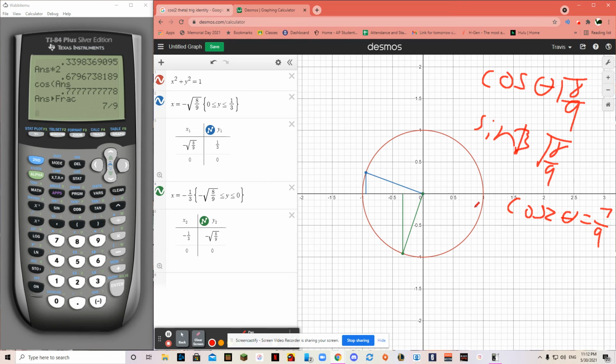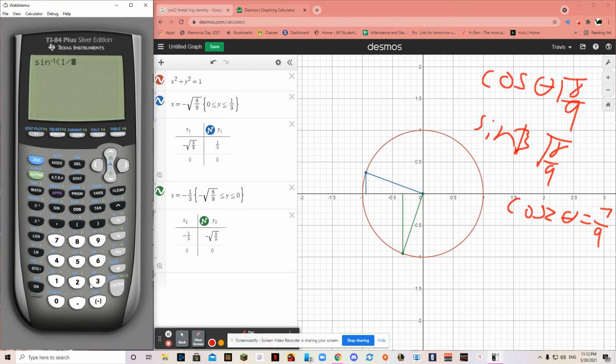We have one more, cosine theta plus beta. This one's a little bit more complicated. So first of all, we need to find theta and we need to find beta. So the function for finding theta, like I said, is inverse sine, opposite over hypotenuse.